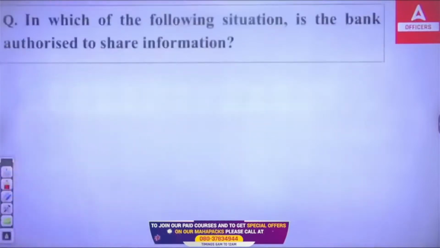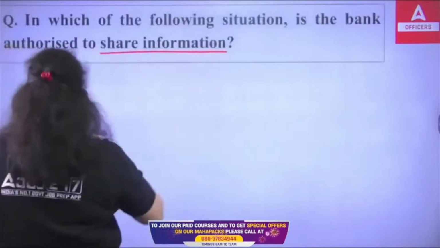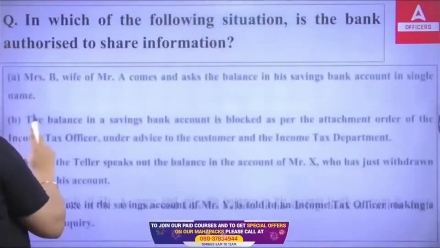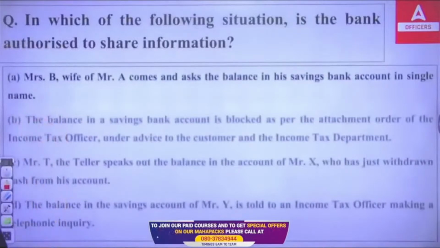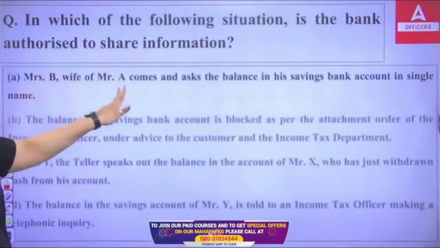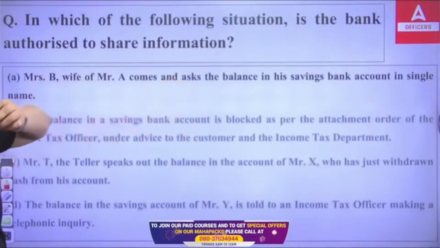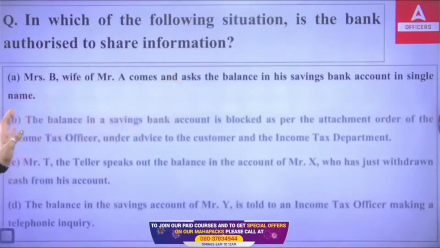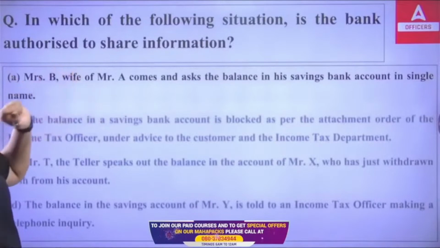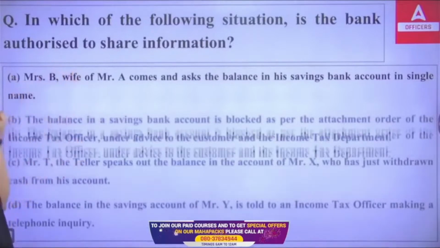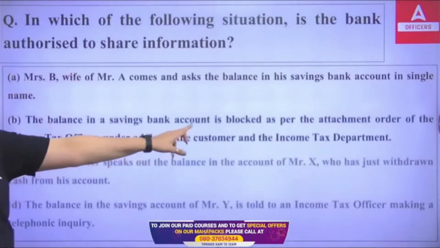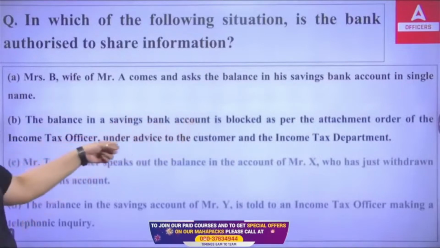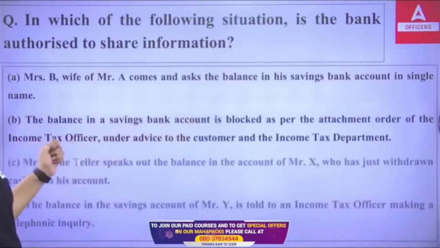Now, in which of the following situations is the bank authorized to share information? First, Mrs. B, wife of Mr. A, comes and asks the balance in his savings account, which is in a single name. The account is in the name of Mr. A, but his wife came to the bank asking for the amount. Second, the balance in a savings bank account is blocked as per the attachment order of the income tax officer under advice to the customer and the income tax department.